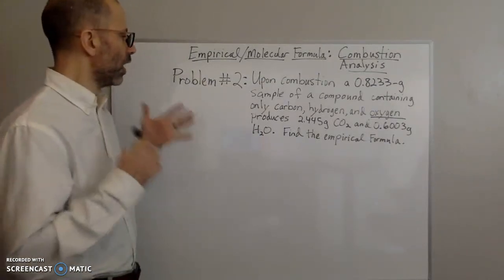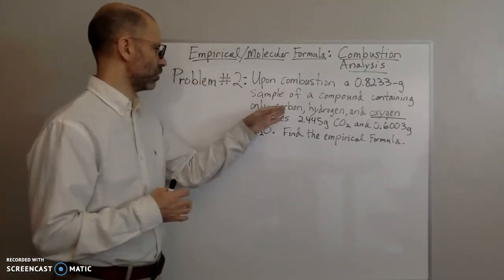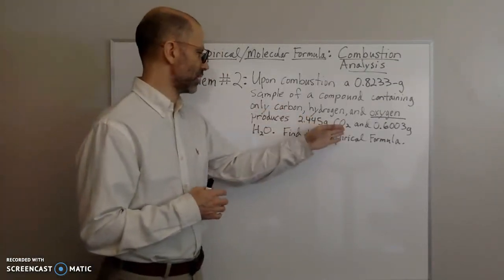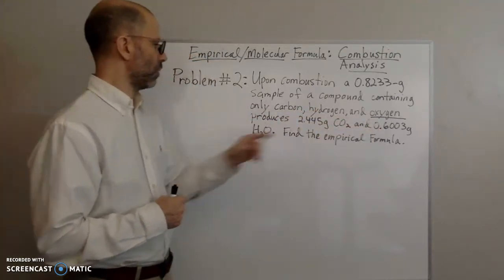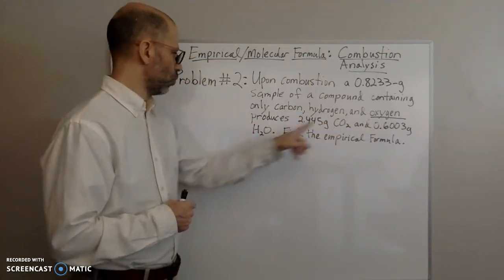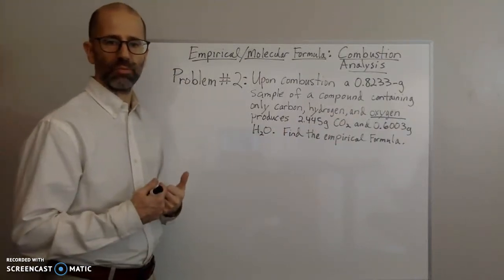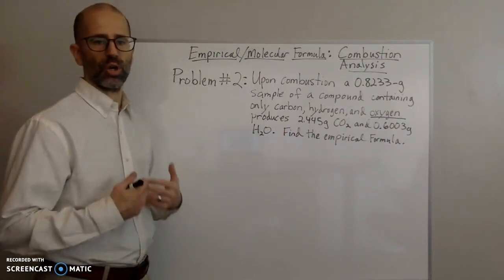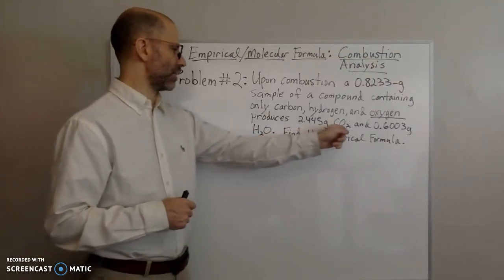All right, so again, in a combustion analysis problem, the assumption is that all the carbon goes to carbon dioxide, all the hydrogen goes to water. The oxygen in the water and the carbon dioxide, some of that is going to come from the atmosphere because you burn. So the oxygen from the atmosphere gets united here.